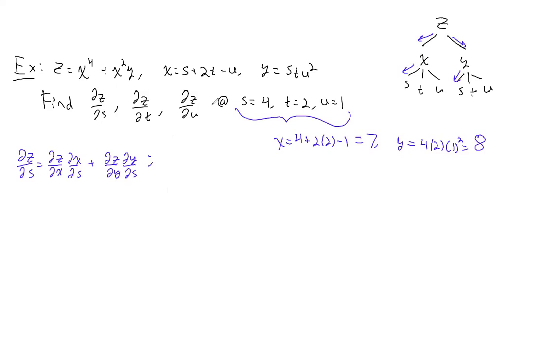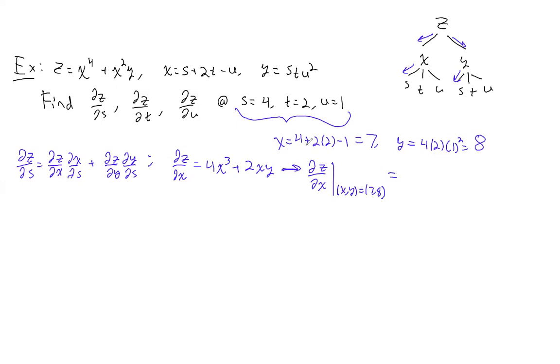So with all that in mind, we need to know what ∂z/∂x is. ∂z/∂x is going to be 4x cubed plus 2xy. And plugging in these values for x and y, that's going to become ∂z/∂x at (x,y) equals (7, 8).